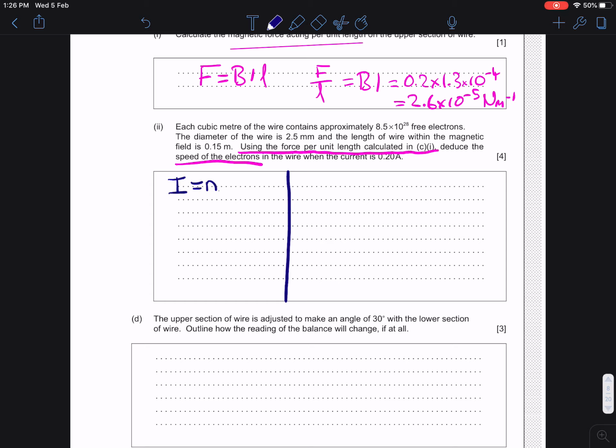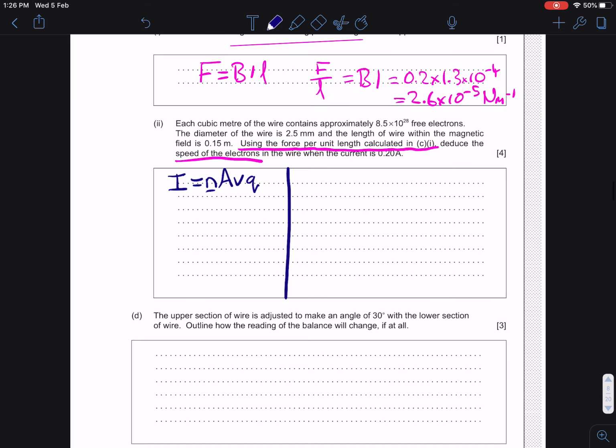So I equals nAvq. n is the number of charge carriers per unit volume, which is 8.5 times 10 to the 28. We're trying to find v, so v equals I over nAq. The current is 0.2, divided by the number of charge carriers per unit volume, 8.5 times 10 to the 28, times the cross-sectional area of the wire.